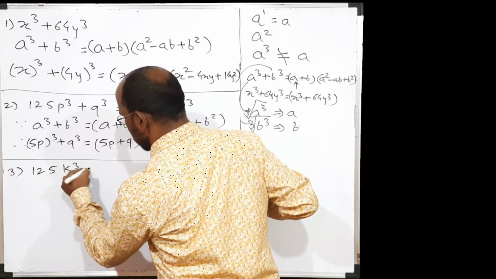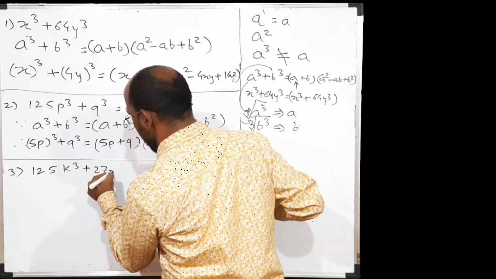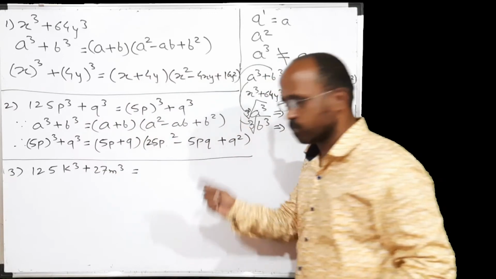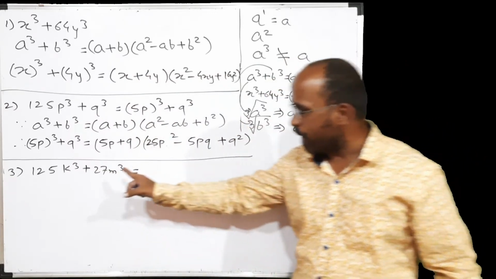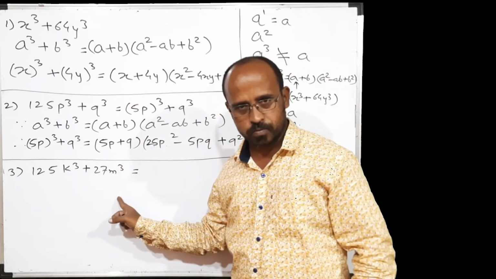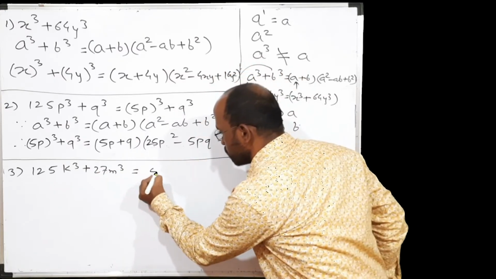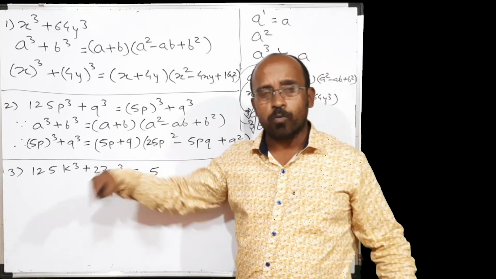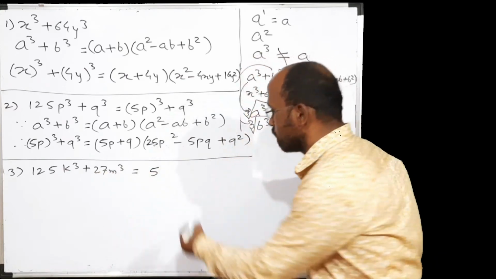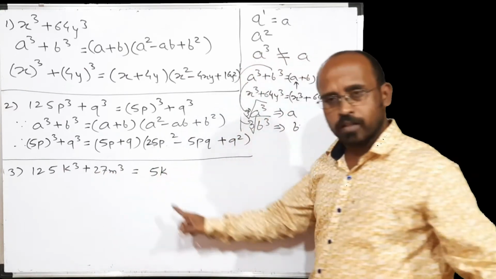125k cube plus 27m cube. Once again, students, first step, what do we have to do? Find out the cube root of both of the terms. The cube root of 125 is 5. The cube root of 125k cube is 5k, right?